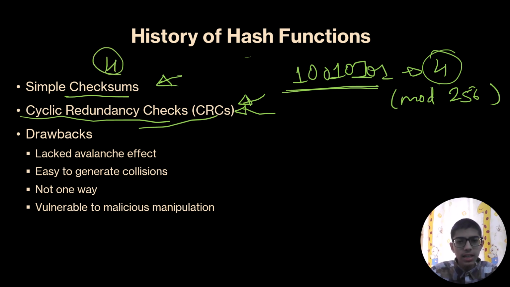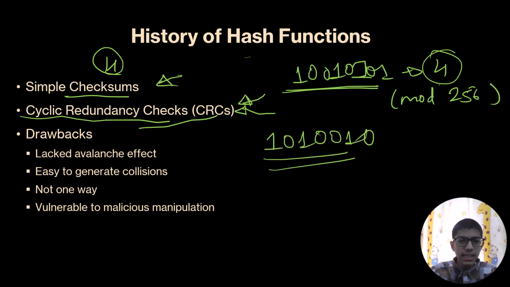For cyclic redundancy checks, for this value, we can repeatedly apply polynomial division over a field, let's say F16 or F32.